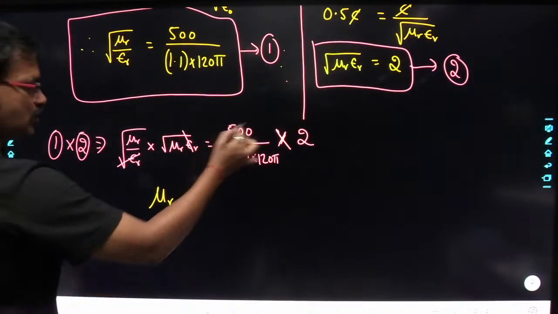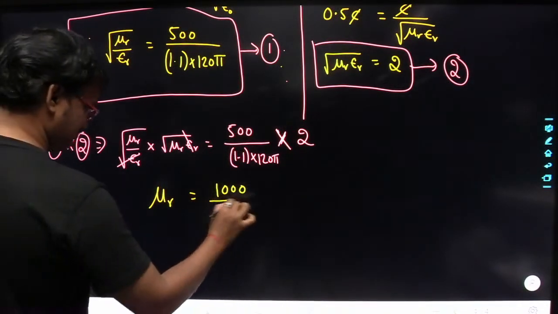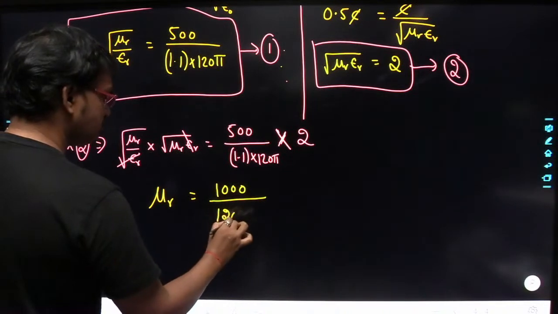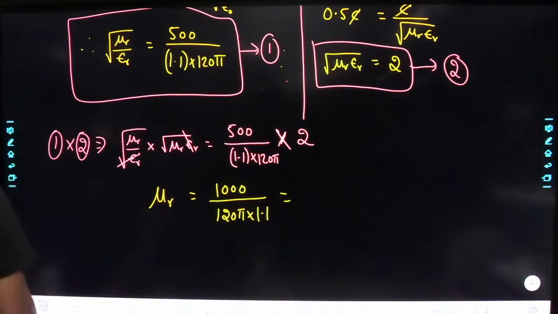Mu r is equal to, so 500 into 2 is nothing but 1000 divided by 120 pi into 1.1. So what is this value here? Tell me.